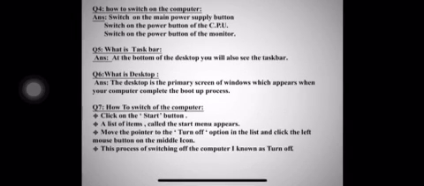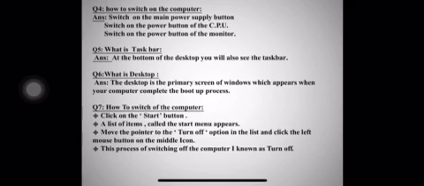How to switch on the computer? Switch on the main power supply button. Switch on the power button of the CPU. Lastly, switch on the power button of the monitor. What is a taskbar? At the bottom of the desktop, you will also see the taskbar. What is a desktop? The desktop is the primary screen of window which appears when your computer completes the boot up process.